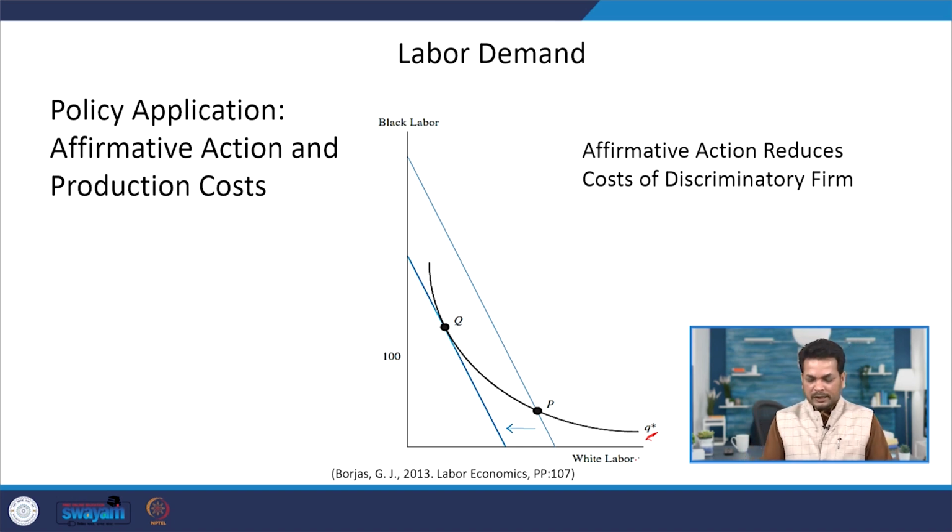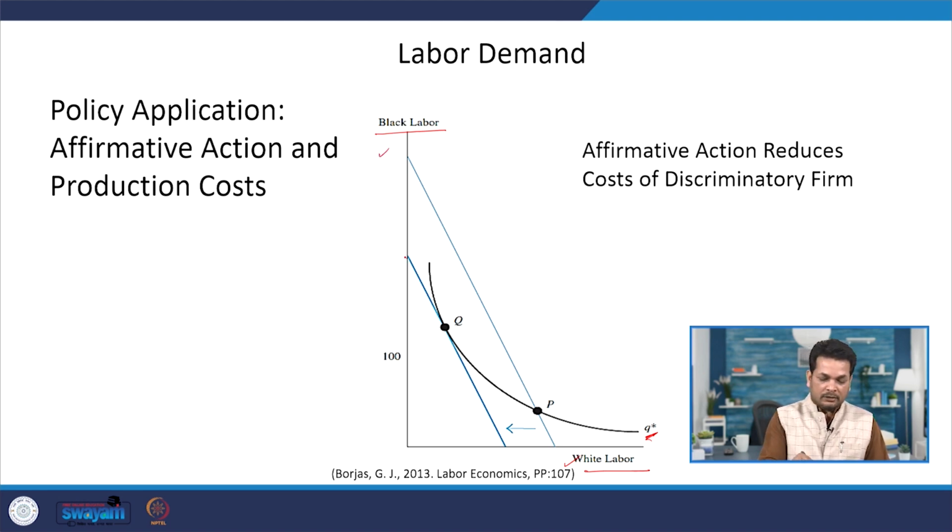Here, on the x axis we have taken white workers, and on the y axis the number of black workers to be employed to produce Q star units of output, with WW the wage rate for white labor and WB the wage for black labor.